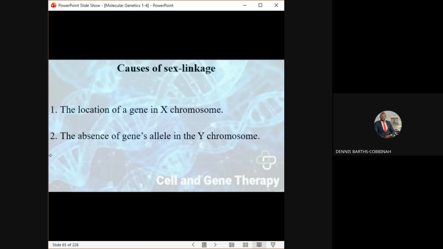Since you don't have the pair or the alternative form of a gene from the X chromosome on the Y chromosome, there are certain alleles that are present on the X and not present on the Y, and the individual is most likely going to express these alleles.